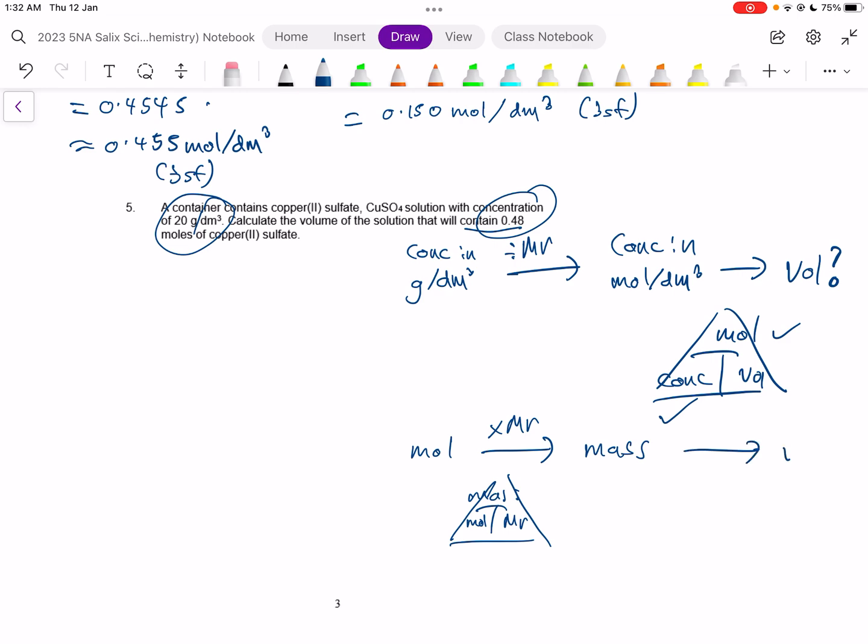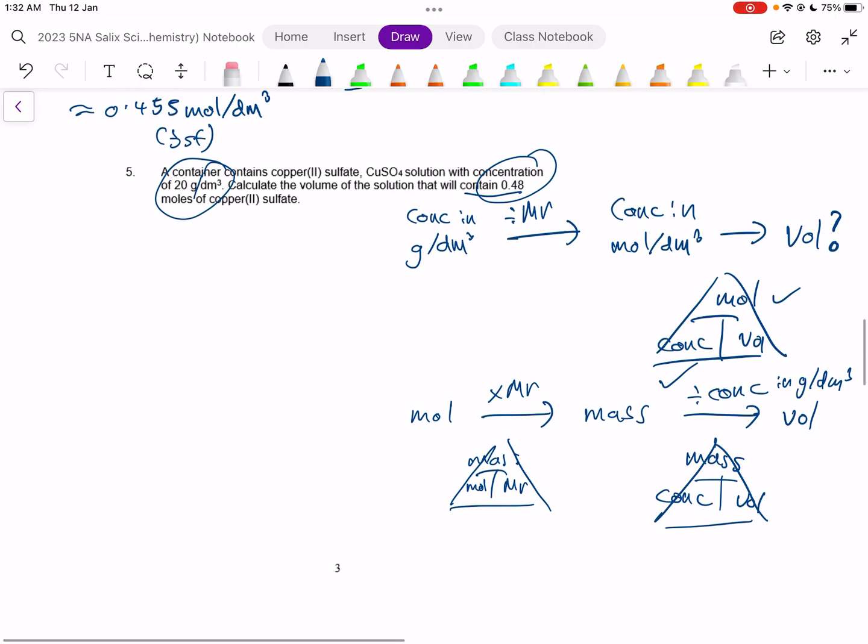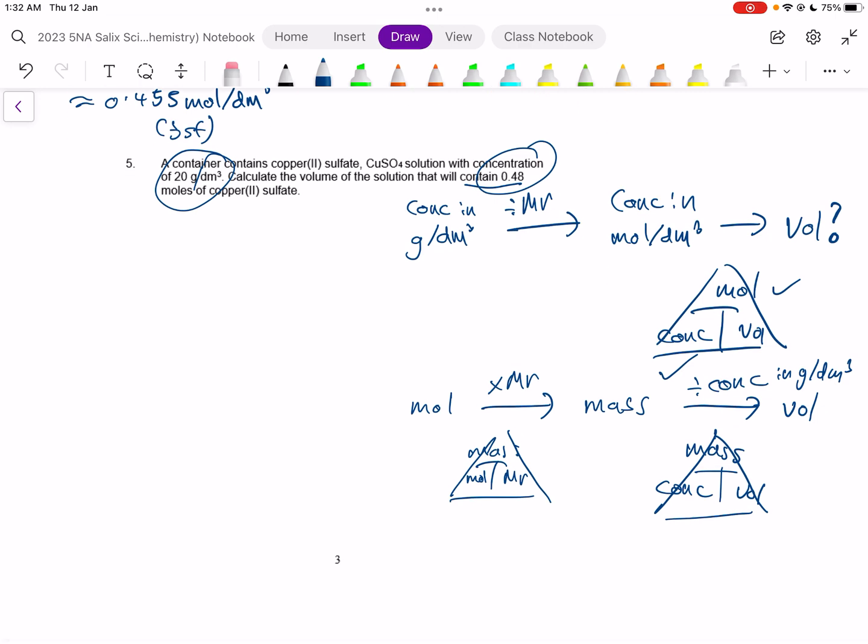Then to find the volume, you take mass divided by concentration in gram per dm cube. I will do the second way. You can try the first way also; you should get the same solution.